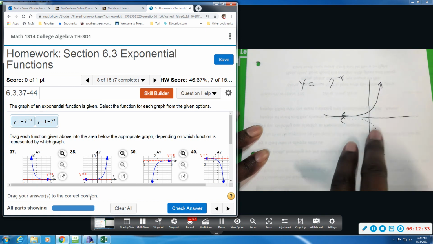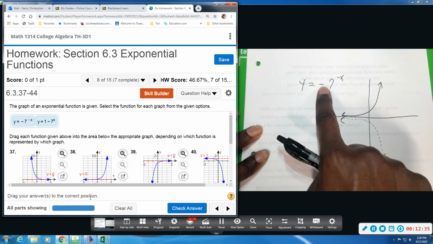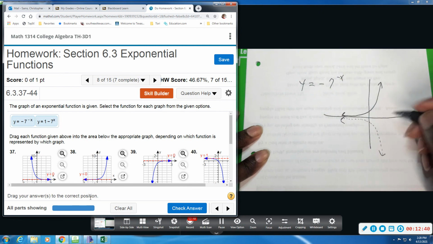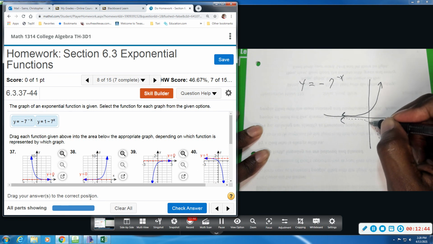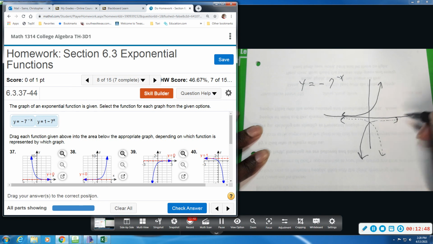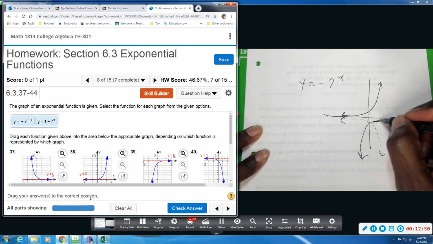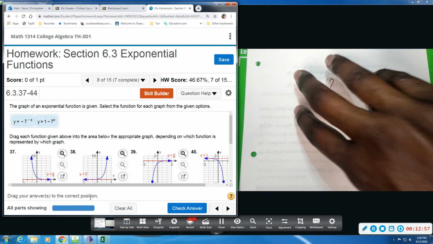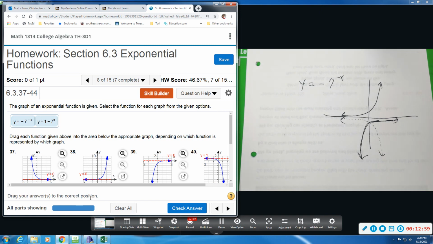That flips it across the x-axis. Then we flip it across the y by making the x's opposite sign. So that gives me this final image. It flips in both directions. So I'm looking for a graph that matches being flipped and then flipped again, kind of like a 180-degree rotation.